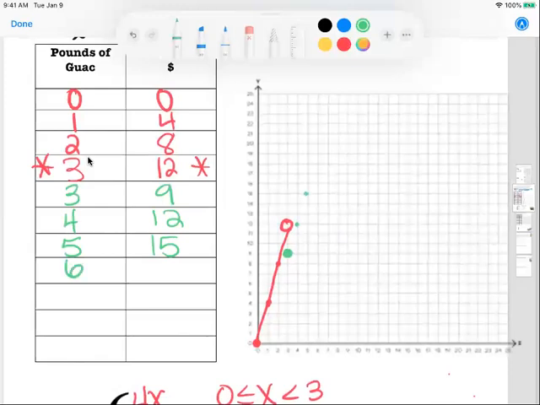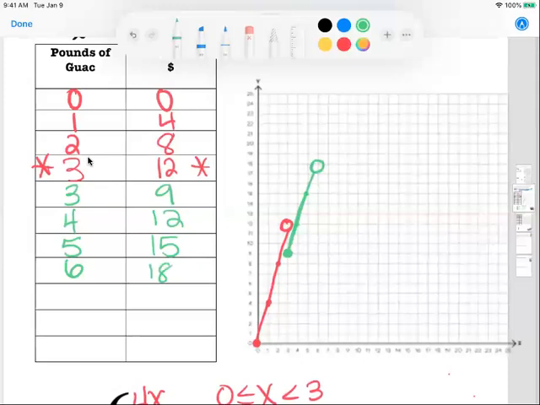Uh-oh, 6 is not included, but I do need to graph all the way up until 6, because if I bought 5 pounds and 9 ounces, or 5.5 pounds, or 5.999 pounds, I need to be charged at this rate. So 6 times 3 would be 18. All right, so at 6, I'm going to go up to 18, and I'm going to create an open circle.